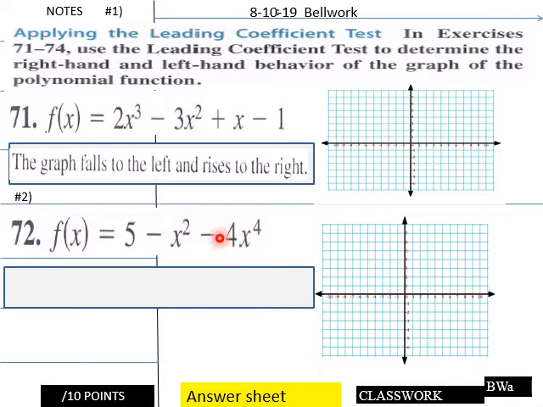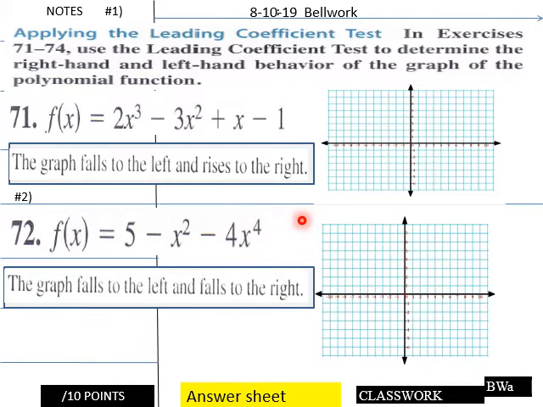And then here we have a -4 as your leading coefficient, so the graph falls to the left and falls to the right. Usually these graphs have a bump and then they fall back down again because of the negative -4. It's even, and this is a positive even, so this is the characteristic of that, if you'll remember that from your Algebra 2.